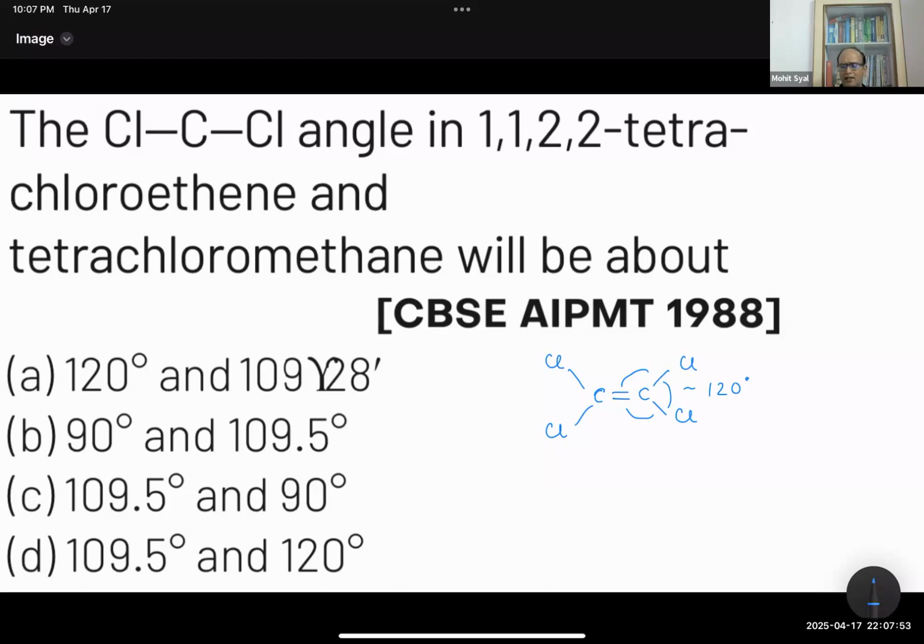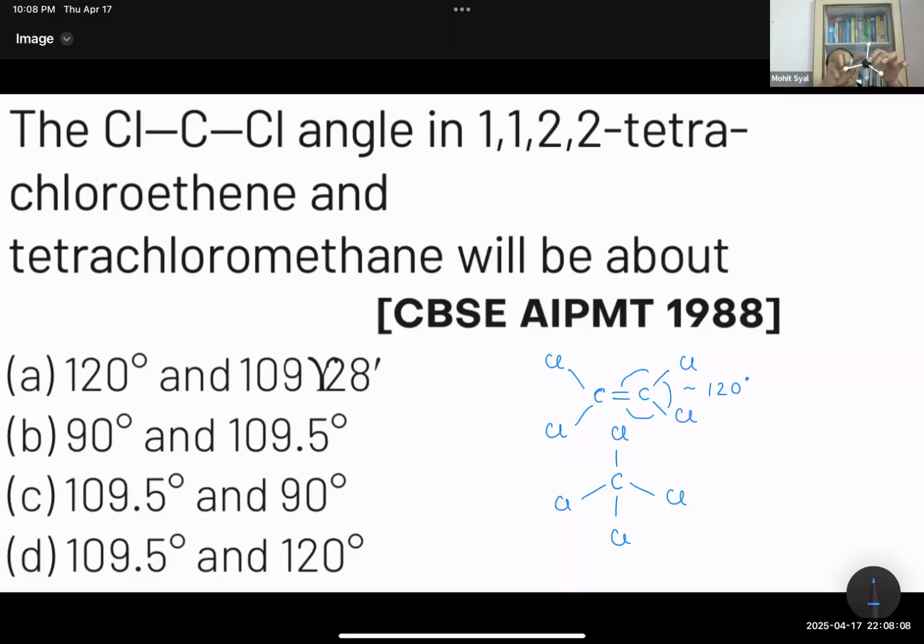And if you have tetrachloromethane, it is like this, all Cl.